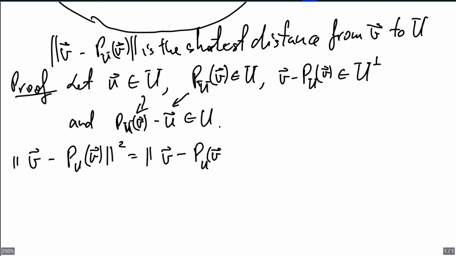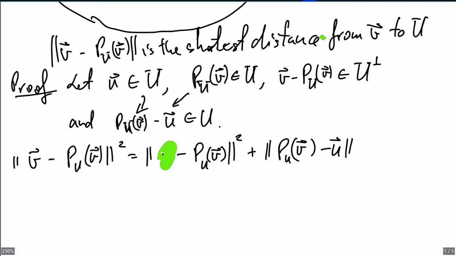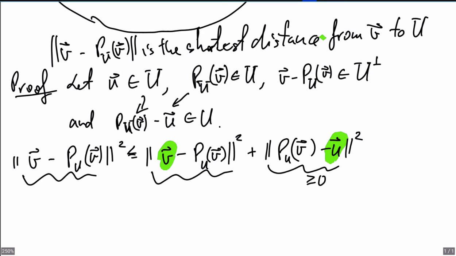If we add to this norm squared something else, the norm squared of the orthogonal projection of v minus u, notice the difference between these two terms: this was v, this is u, but otherwise we have the orthogonal projections of v onto U. So we are adding something non-negative. That means this is typically not an equality but an inequality, with the possibility of equality if this second term is 0.